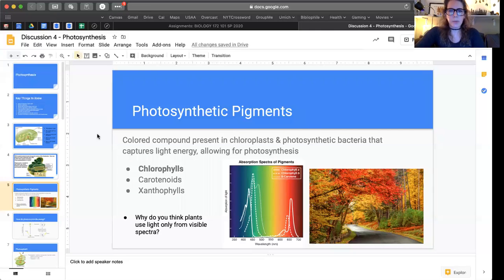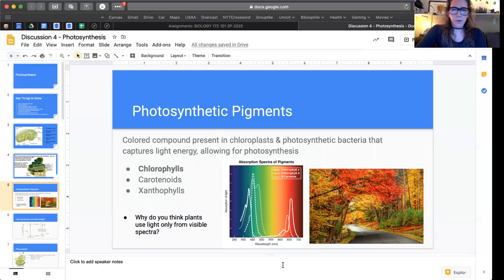And so here is a picture of the absorption spectra of different types of pigment molecules. We can see that there are a lot of peaks over here in this greenish blue area, as well as smaller peaks, but still peaks, in the reds and oranges and almost veering into the yellows a little bit.